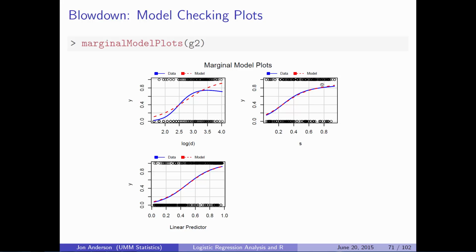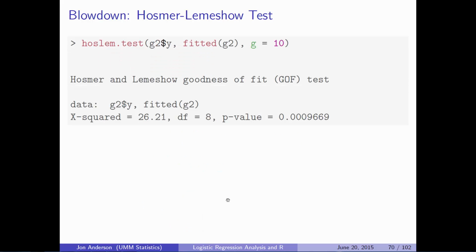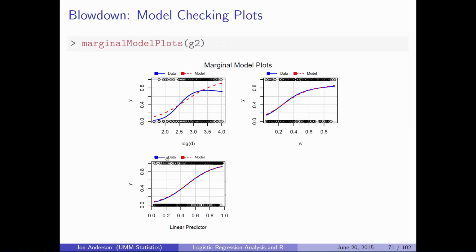It matches the severity effect really well, and overall it looks like a pretty good match for the data. This is a little bit in conflict with the Hosmer-Lemeshow test, which says there's a problem with this model. But when we look at the marginal model plots, we don't really see any great evidence of really big problems.